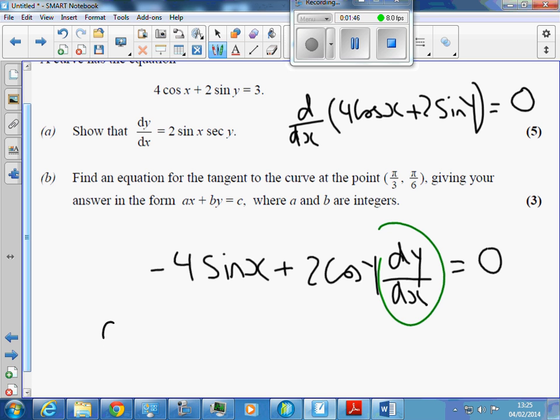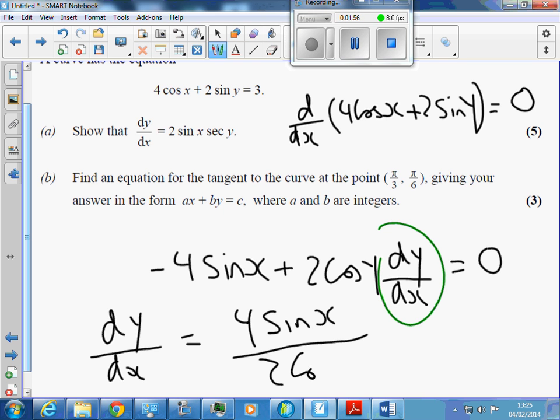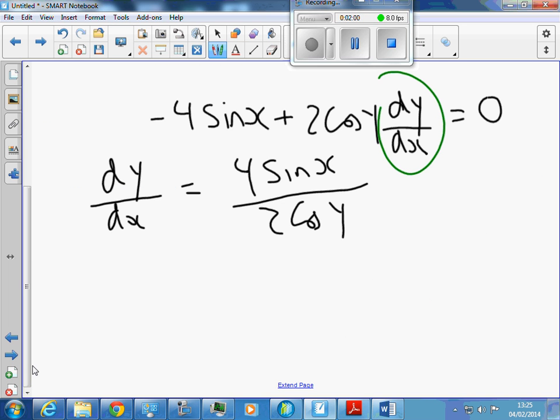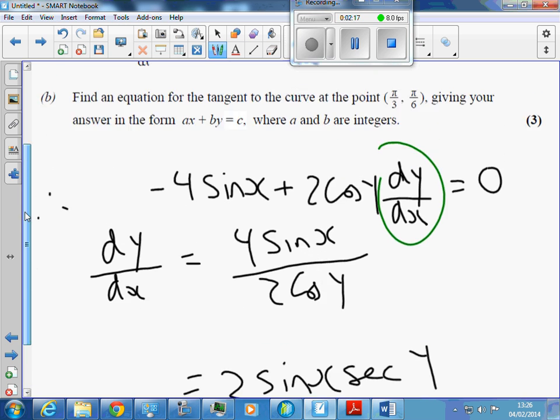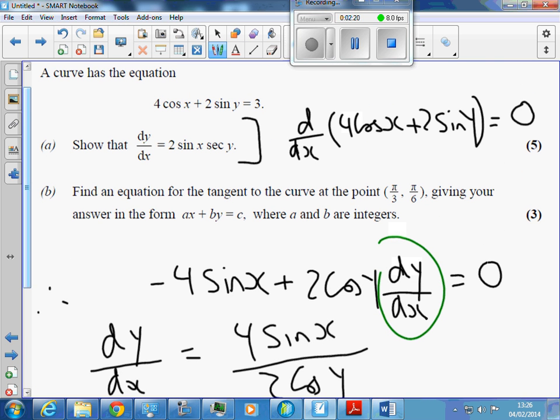So dy by dx is equal to 4 sine x all over 2 cos y. You can see 4 divided by 2 is 2, and 1 over cos y can be written as sec y. Therefore dy by dx is equal to 2 sine x sec y, as required.